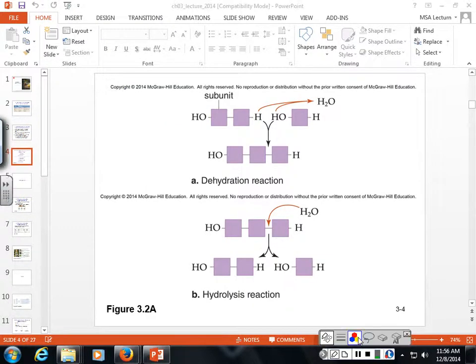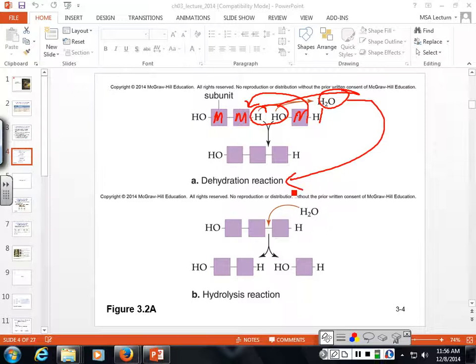So dehydration. I have monomer 1, and this is 2 monomers that are already stuck together. I want to add this to this group. If I take water out, that is called a dehydration reaction. I went from 2 to 1, right? I stuck them all together.